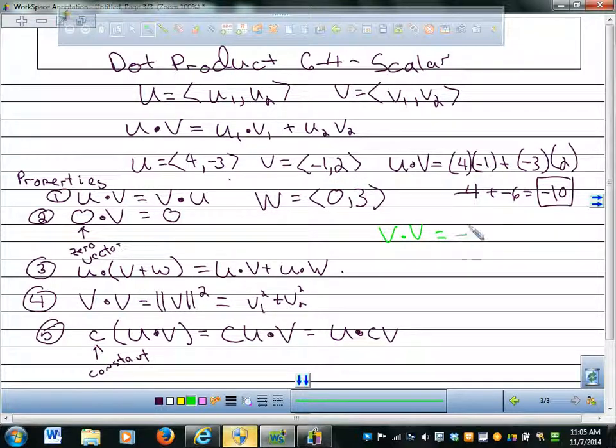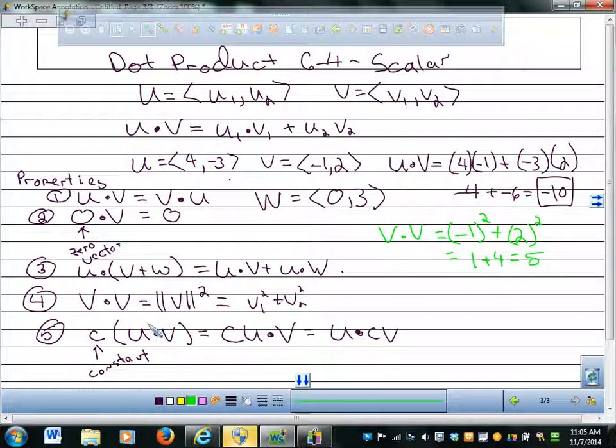It's just -1 quantity squared plus 2 quantity squared, so you don't have to square root it. It's just the first part squared plus the second part squared, which is 1 plus 4, which is equal to 5.